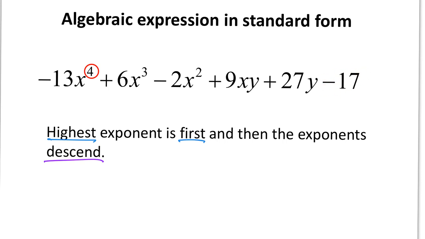Sometimes you might be missing the x squared or the y squared, or whatever variable they use for the expression. Those terms can be missing. You don't need to have all the terms every time, but always make sure you have the highest exponent first, and then you descend from there.